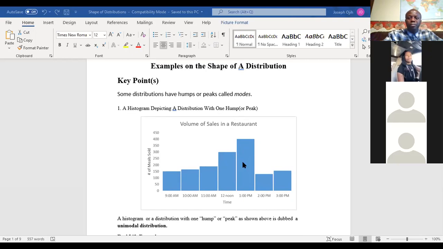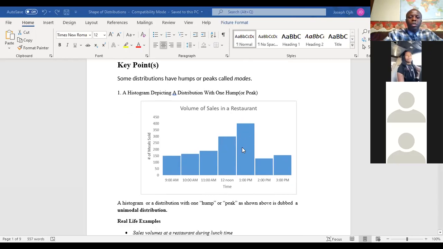Yes, it's recording. Most distributions that we have, like the one I showed you yesterday, have what we call humps or peaks, like this one. See, this is the tallest, what we call a hump or peak. A good example is a restaurant, let's say McDonald's. In the morning, sales might be slow, but once you get to noon time, sales will shoot up for lunch time, after which sales volume will go down.